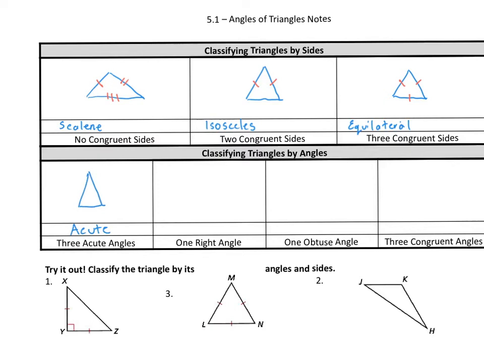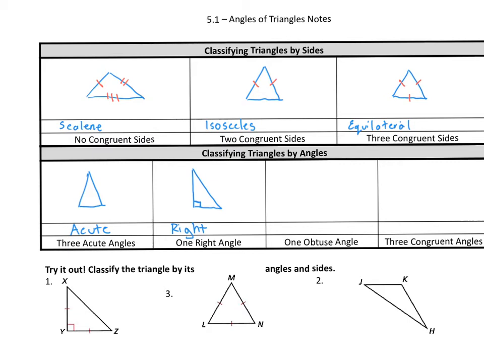If one of the angles happens to be a right angle of a triangle, so here I'm going to draw a right angle. I'm going to make my right angle mark, which is that square in the corner. If any one of the angles is right, then the triangle itself is considered a right triangle.